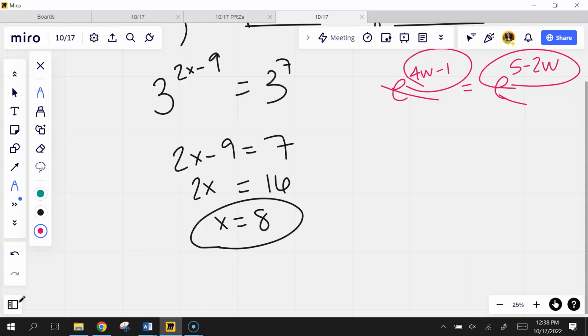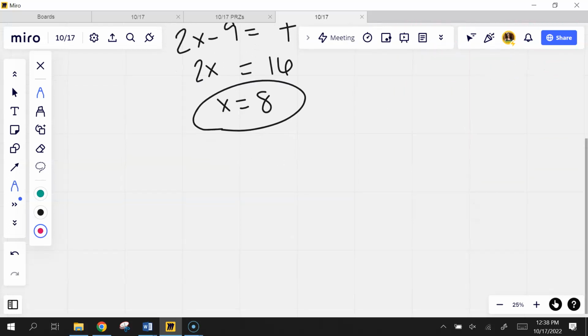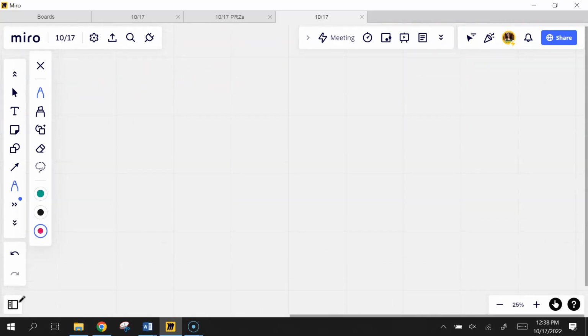Why are you foiling, Carter? Okay, so Carter's jumped ahead to number 3. I don't know that I would foil that. That's exactly right.